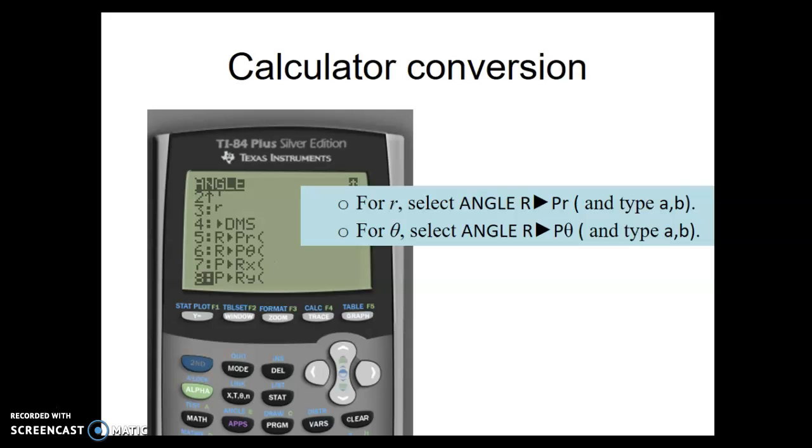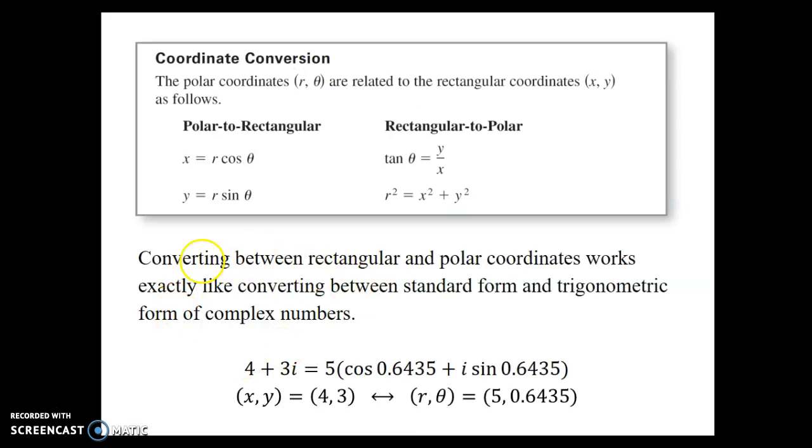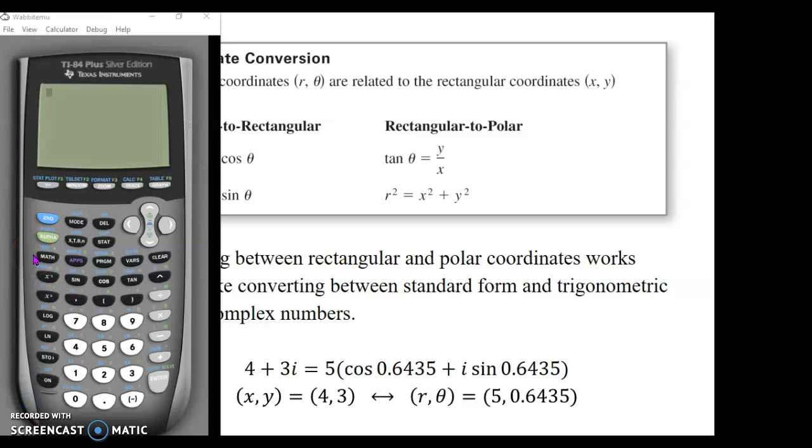So in the example we were just looking at, where the rectangular coordinates were 4 for X and 3 for Y, if I want to convert them to polar coordinates, I'd go to the angle menu, select number 5, rectangular to polar R, and type in 4, 3, the X and Y coordinates of my point in rectangular coordinates.